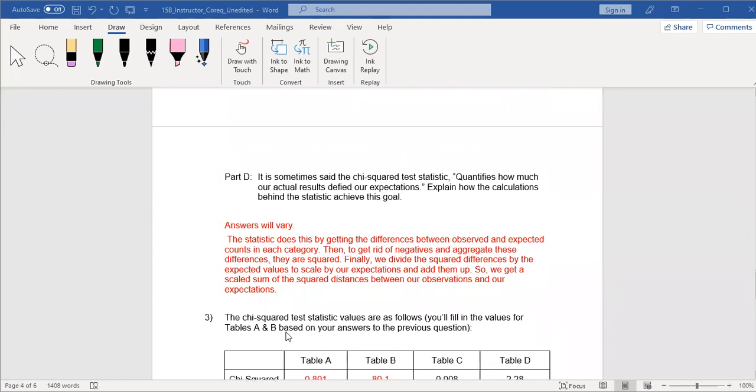Number 3: we find the chi-square statistic value for all the tables.